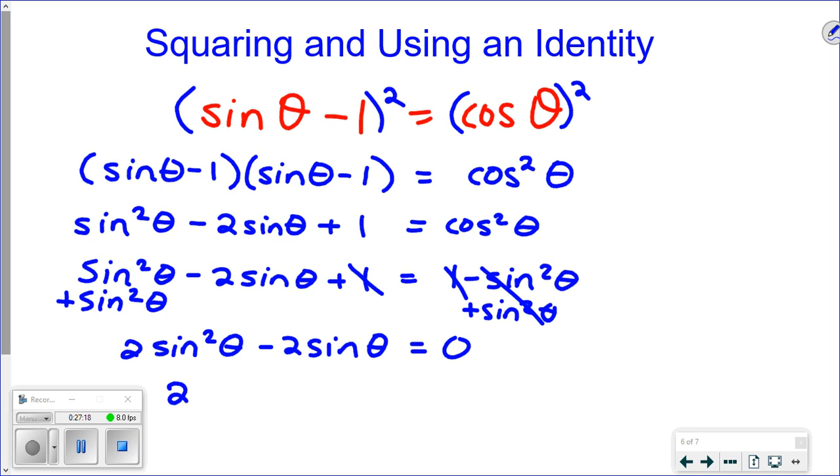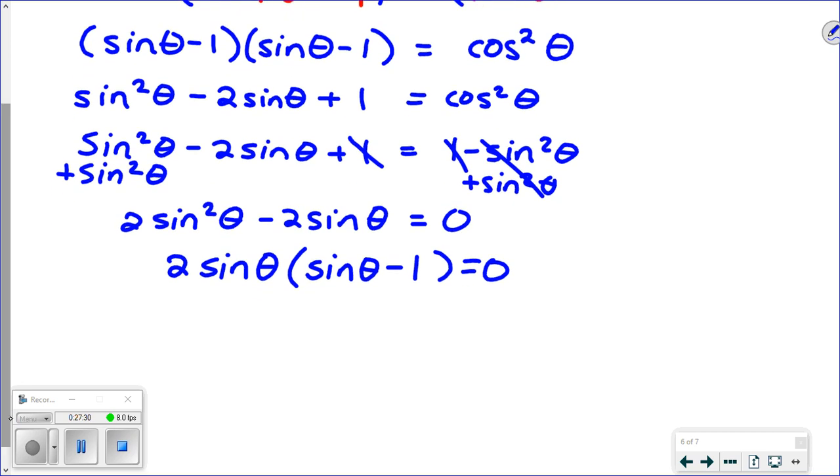So we can actually factor out 2 times sine theta. Okay, now that will leave us with sine theta minus 1 equals 0. Then we'll just set each factor equal to 0. And then we'll just solve each equation separately.